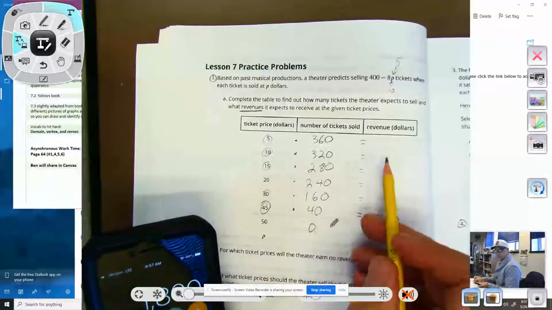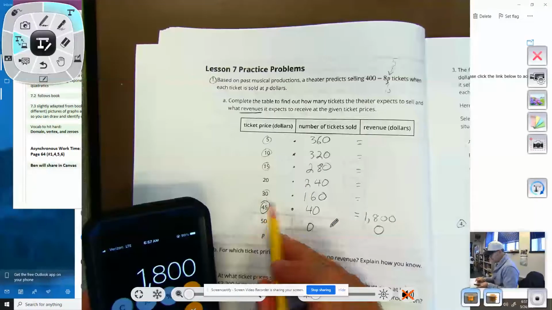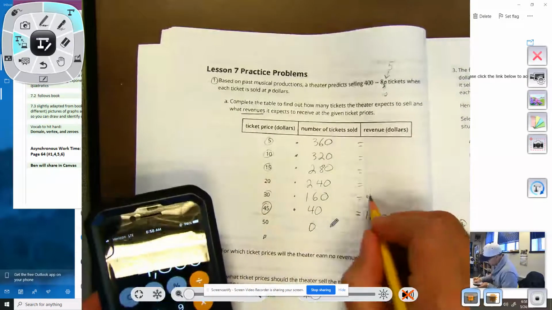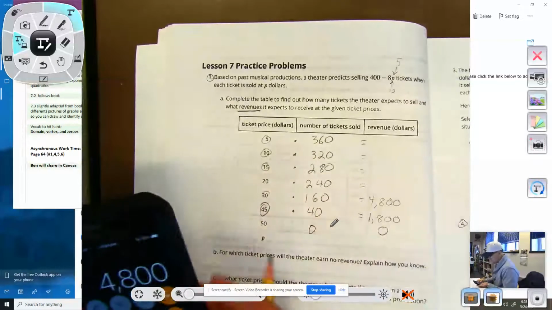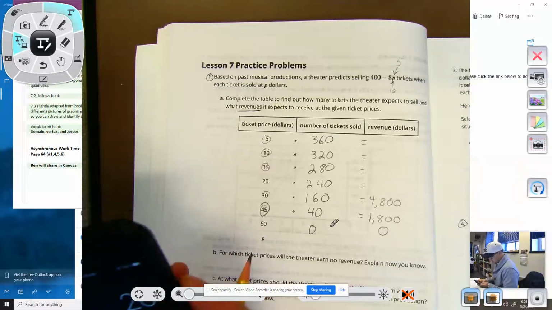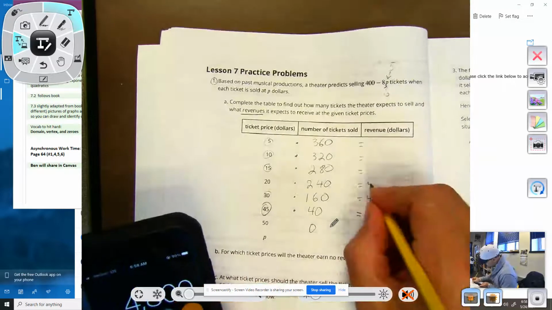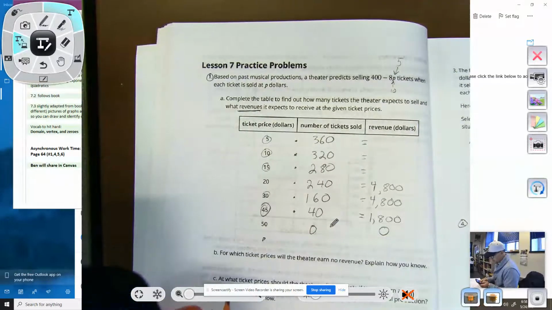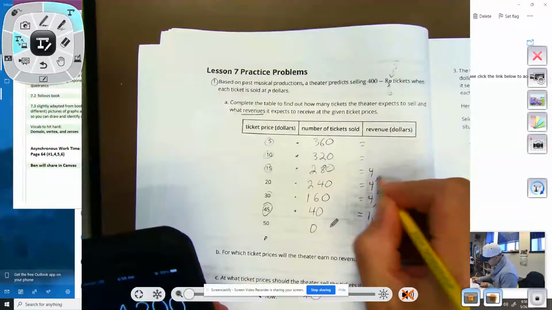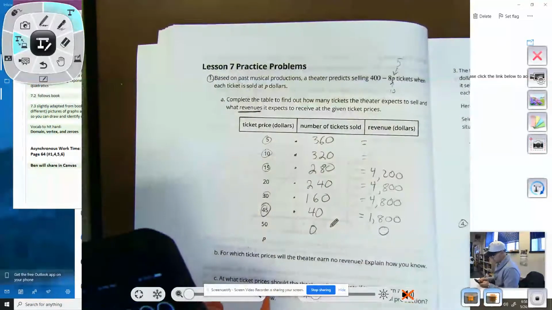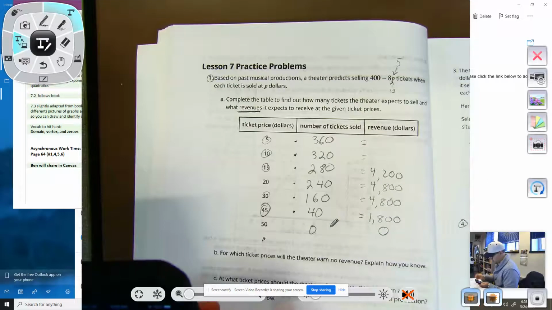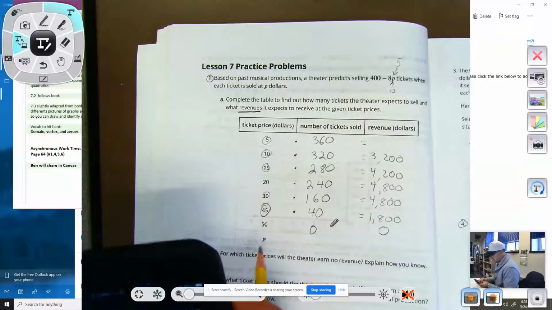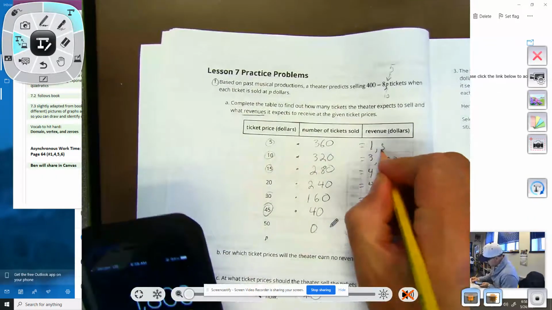So I'm just creating an equation right here. Pretty easy. 30 times 160, 4,800. 20 times 240, 4,800. 15 times 280, 4,200. 10 times 320, 3,200, and 5 times 360, that's 1,800.